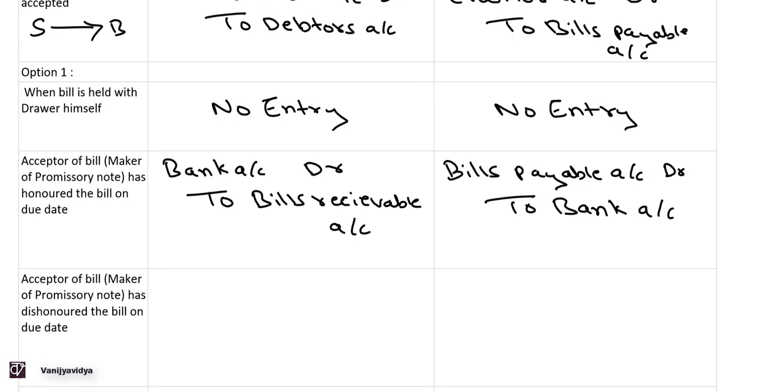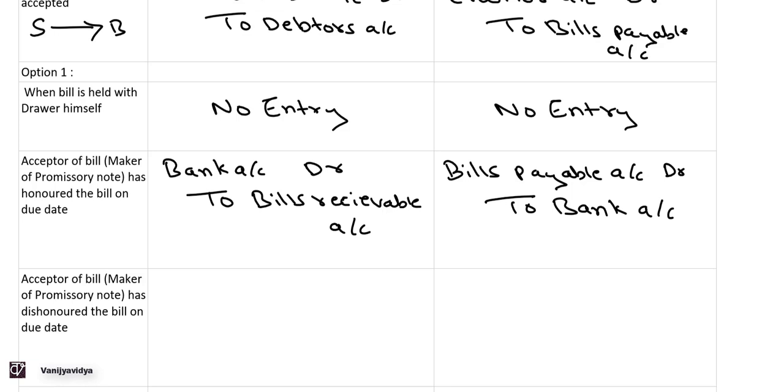Okay. Now, acceptor of the bill has dishonored the bill on the due date. Now, there is a dishonor of the bill on the due date. So because of this dishonor, we will cancel that bills receivable, and we will again make that buyer liable to pay us.